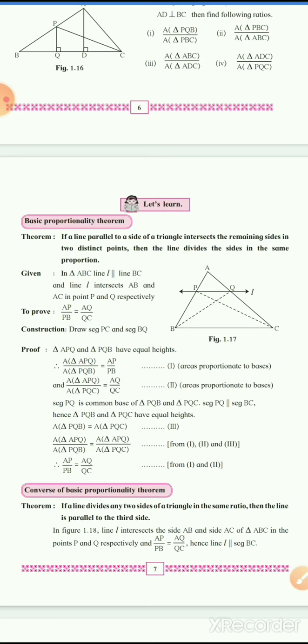Okay, so here we can see the last step of this theorem, the basic proportionality theorem: AP upon PB is equal to AQ upon QC. The reason is from statement number 1 and 2.